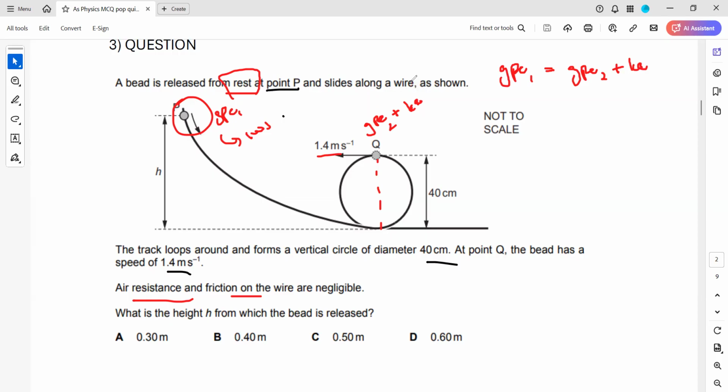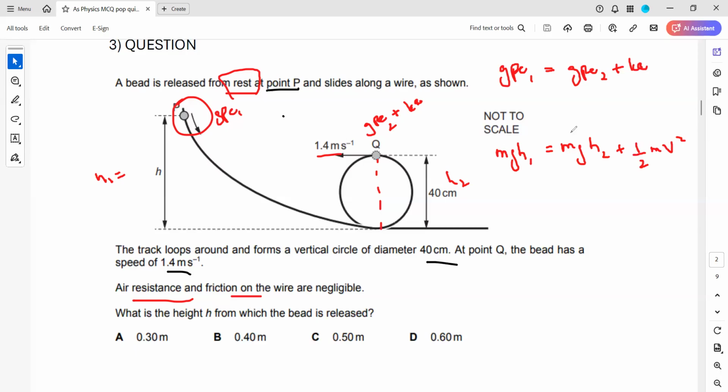So we are using the conservation of energy. The gravitational potential energy is given by the formula mgh. This height we call h1. The second gravitational potential energy is mgh as well, but this height we call h2, plus the kinetic energy, which is equal to half mv squared.